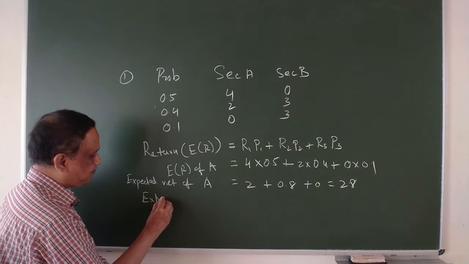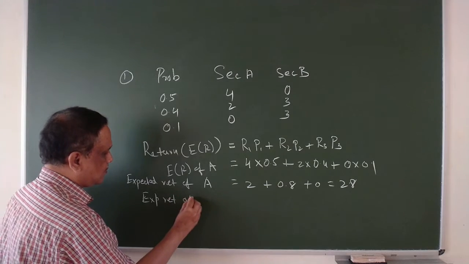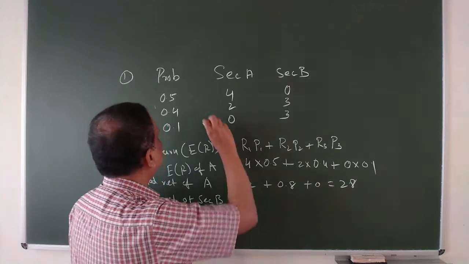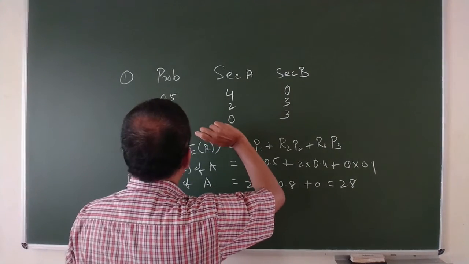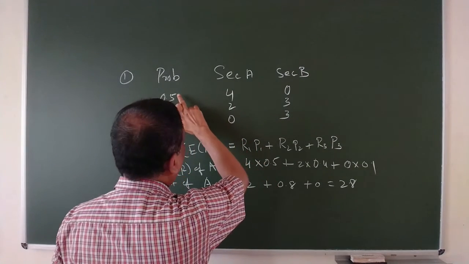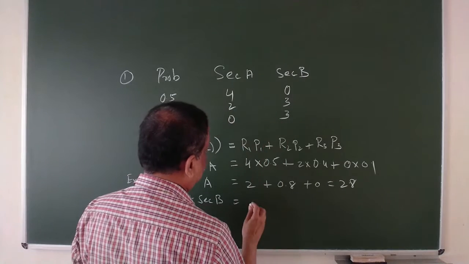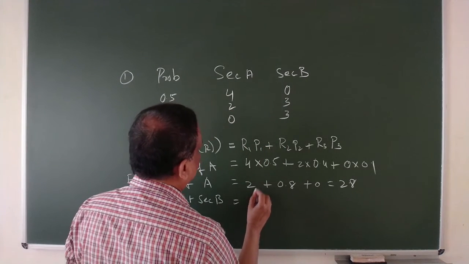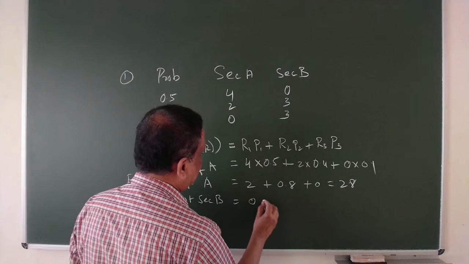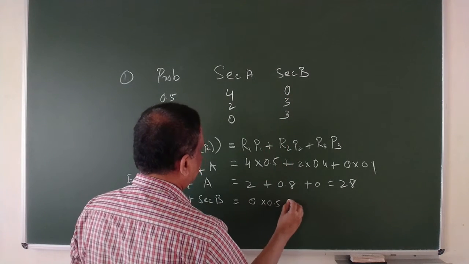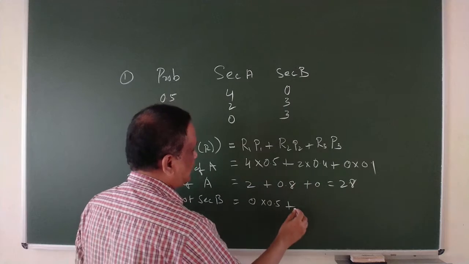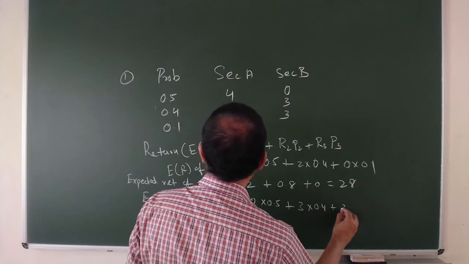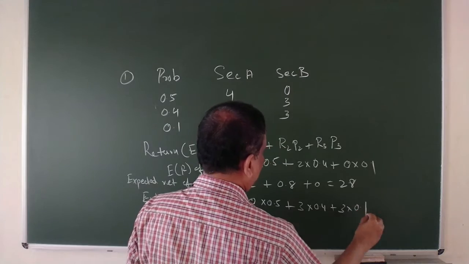Similarly, we can calculate the expected return of security B. That is 0 into 0.5 plus 3 into 0.4 plus 3 into 0.1.